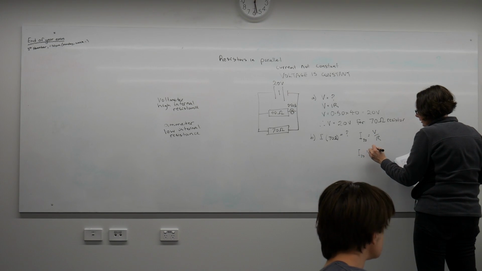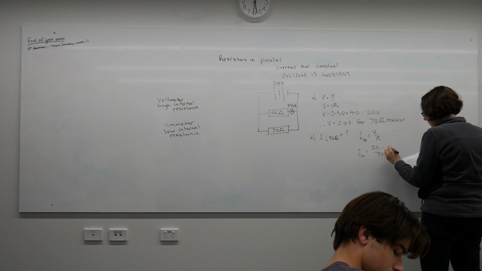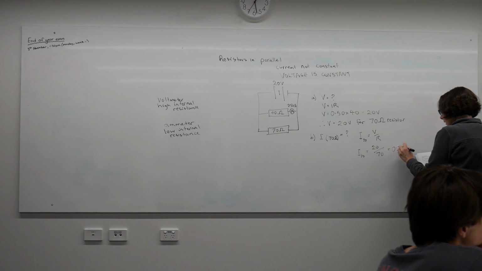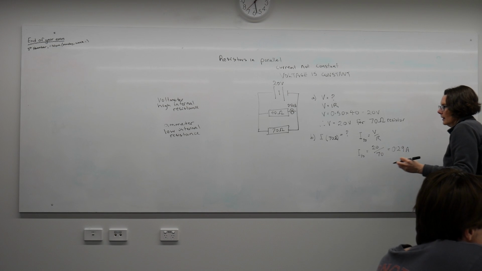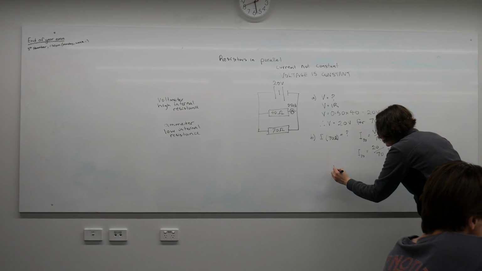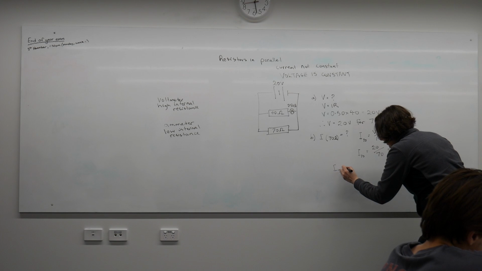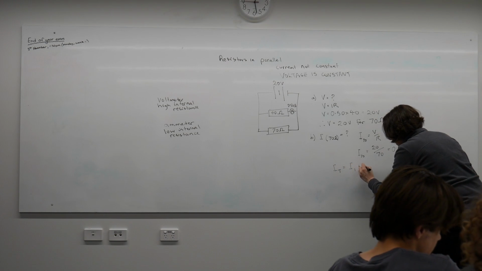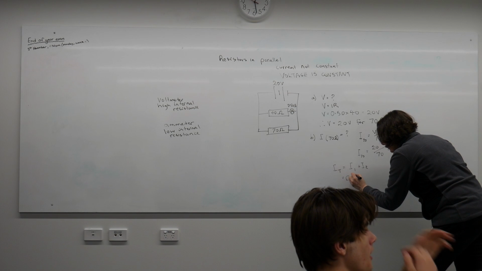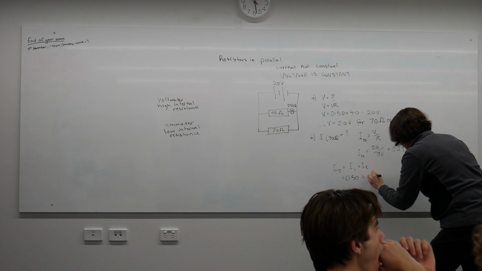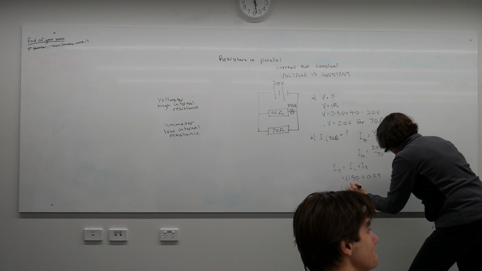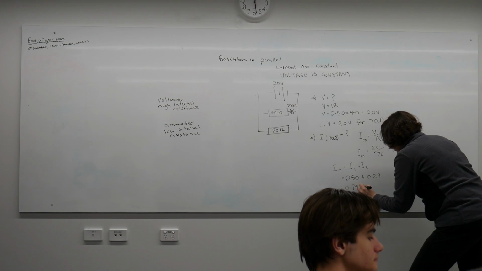So it's 20 divided by 70, which gives us 0.29 amps. And then it was still part B where we want the total current. Going to be 0.50 plus 0.29, which is 0.79 amps.